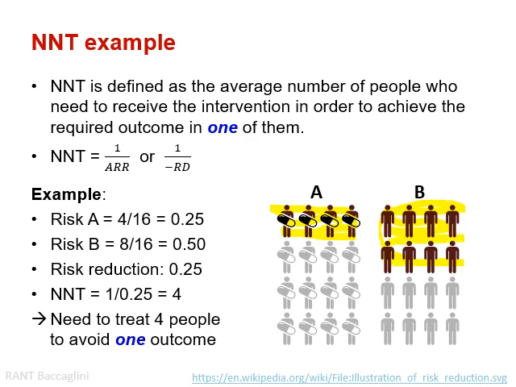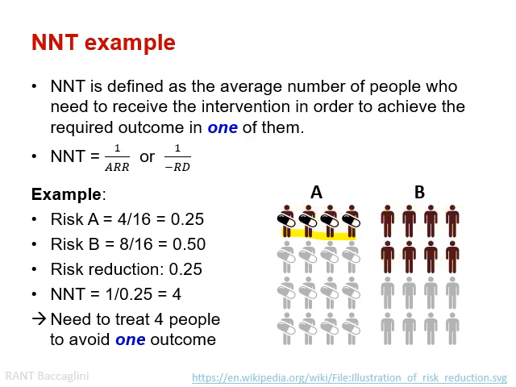So the risk reduction is 0.5 minus 0.25, which is 0.25. The number needed to treat is simply the inverse of that, which is 4. So we can conclude that we need to treat 4 people to avoid one outcome.